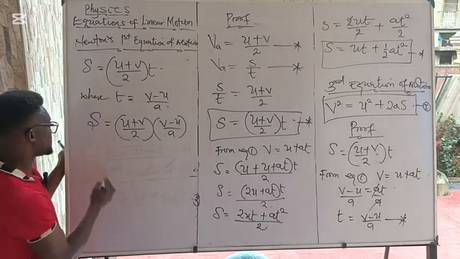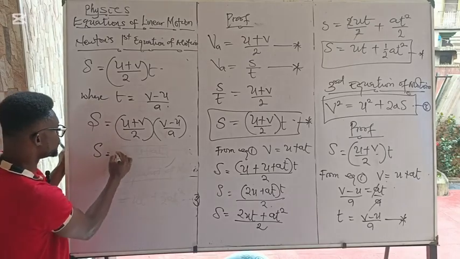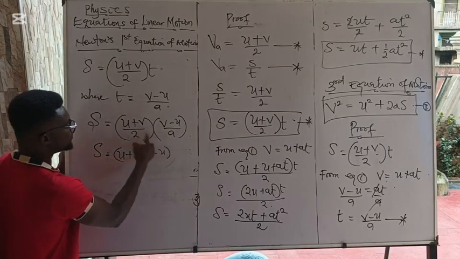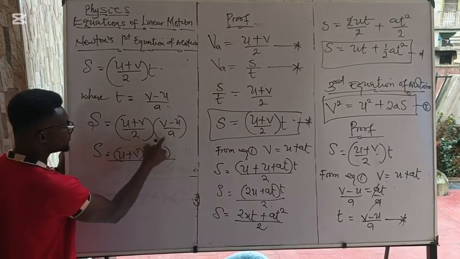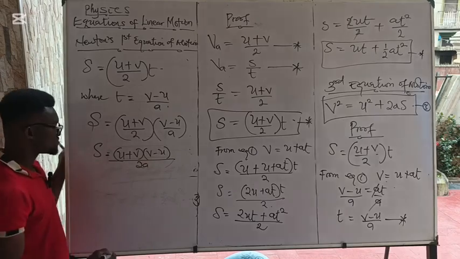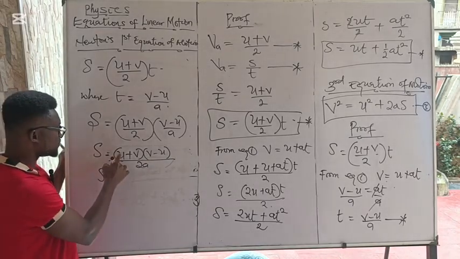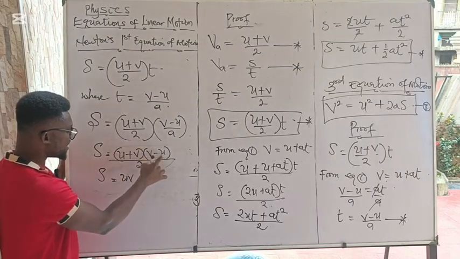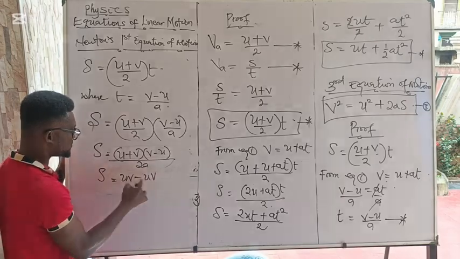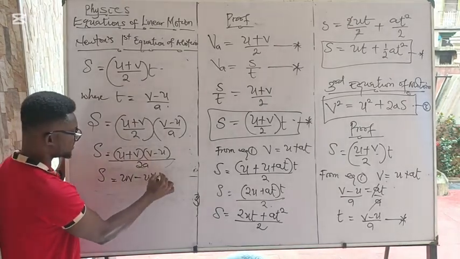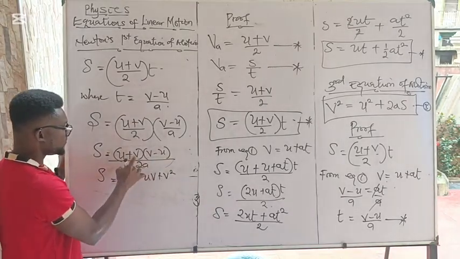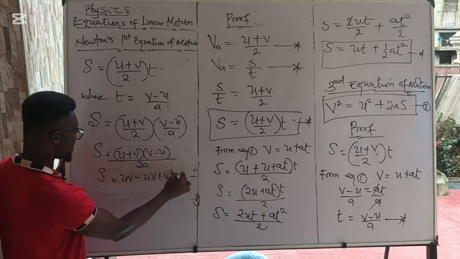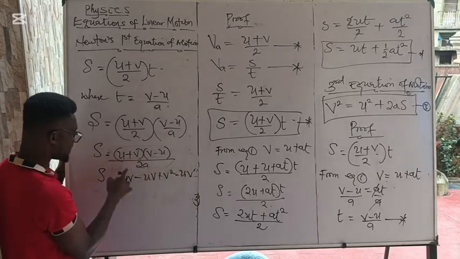Now, let's open the bracket. So (u plus v) times (v minus u) in the numerator, then 2 times a. So s now becomes u times v, we give uv. U times minus u, we give minus u squared. V times v, we give plus v squared. V times minus u, we give minus uv.